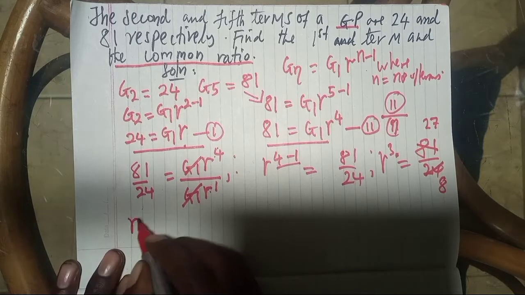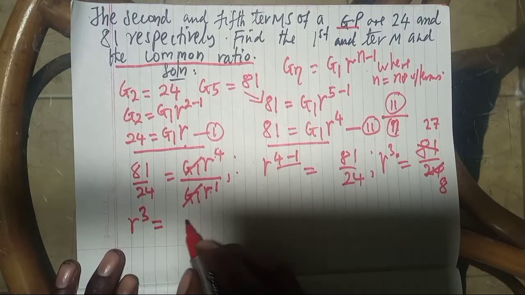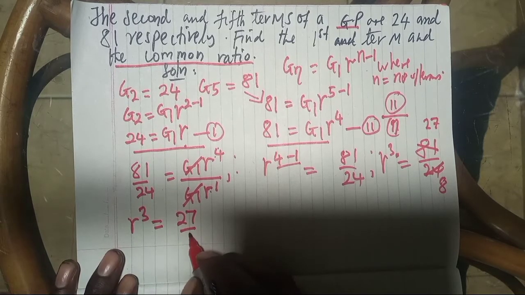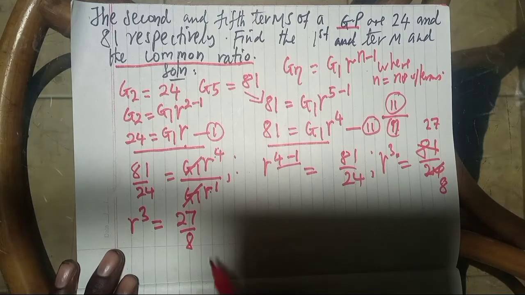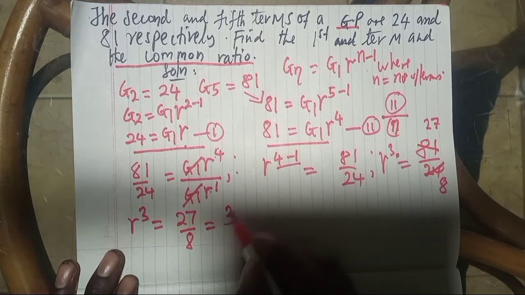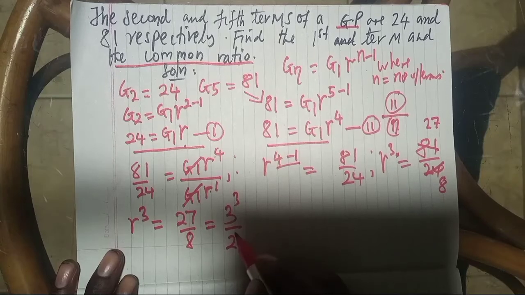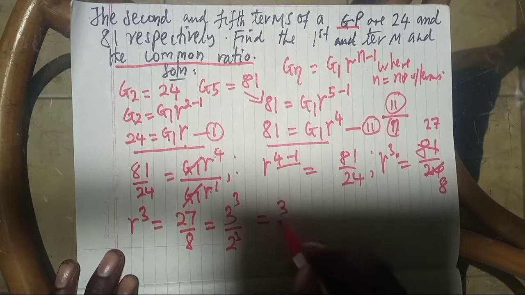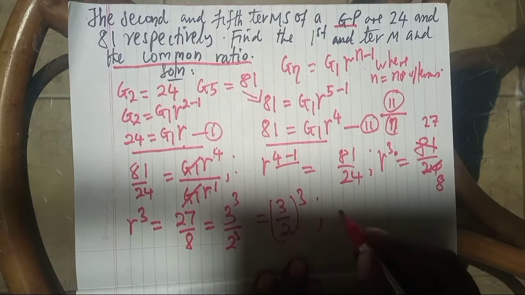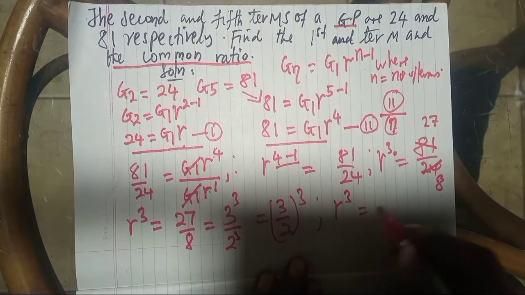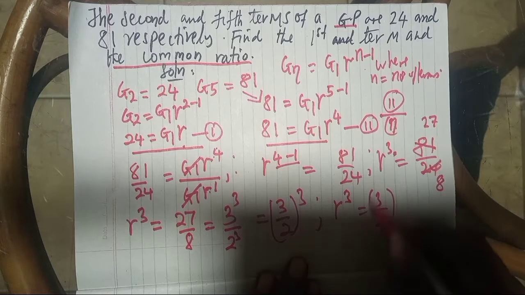Now utakuwa ni R^3 is equal now to 27 over 8. Now this can be written as 3^3 over 2^3. That is simply written (3/2)^3.